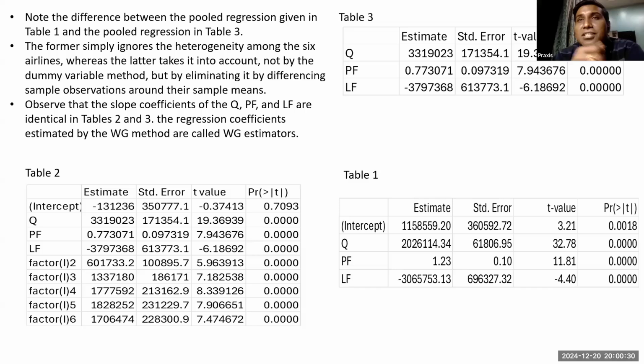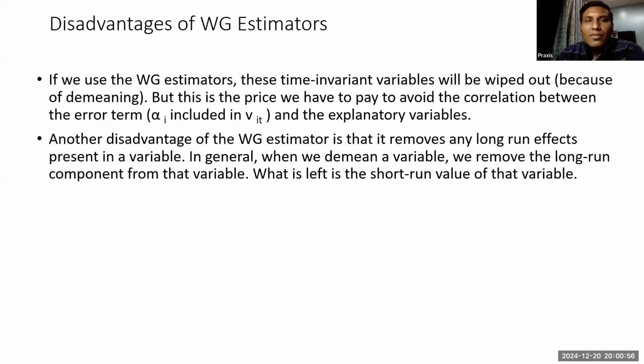Hence, it is still called a fixed effect model. But in Table 1, which captures the pooled OLS regression output, we did not recognize the fixed effect. Is this point clear to everyone? Yes or no? Since it is clear to everyone, let us now proceed.